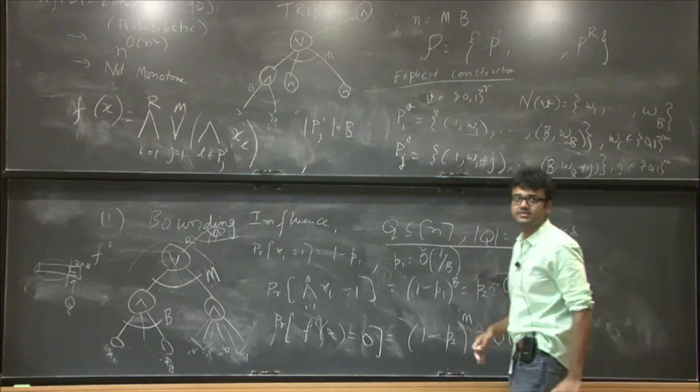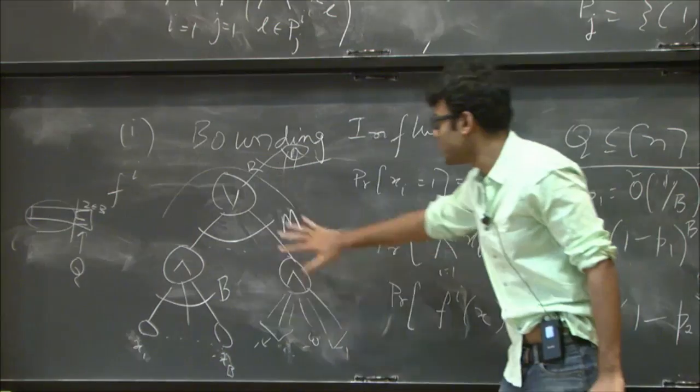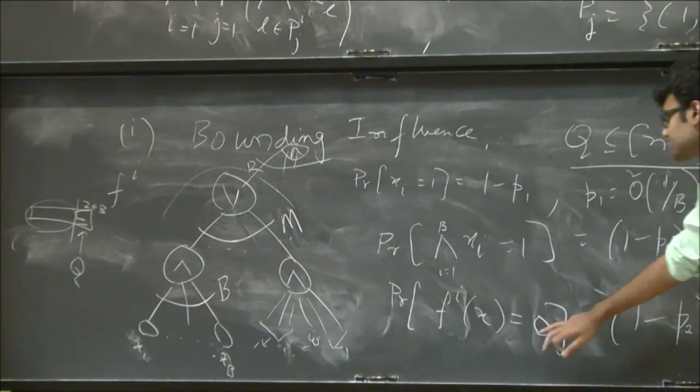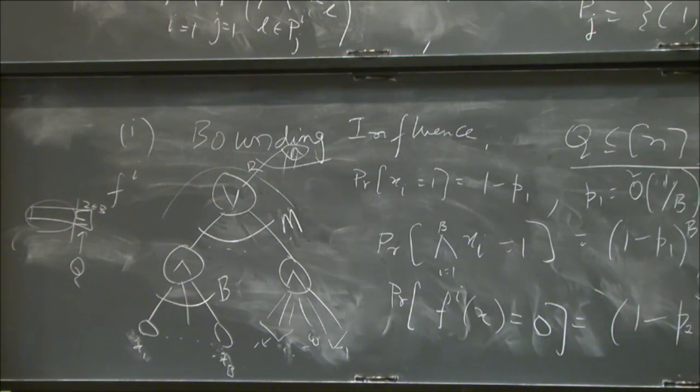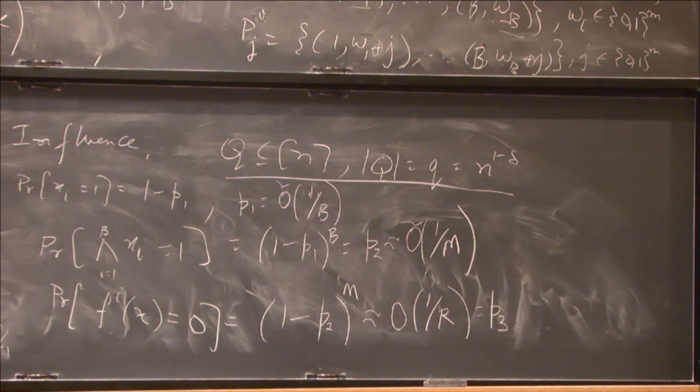The way we bound the bias of this function: it's easy to evaluate the bias up to here. The probability that each of the tribes evaluates to 0 is P3, which is small, and these are independent.